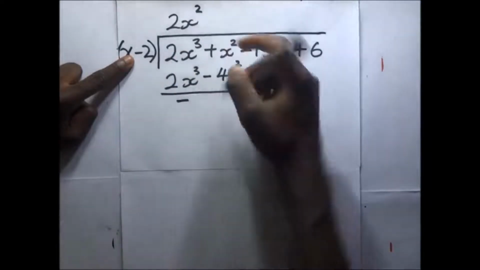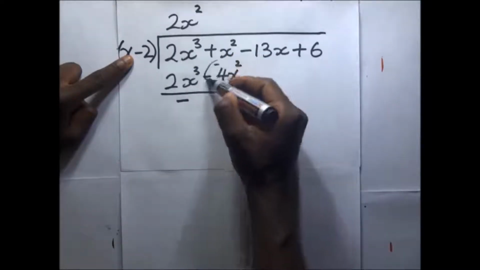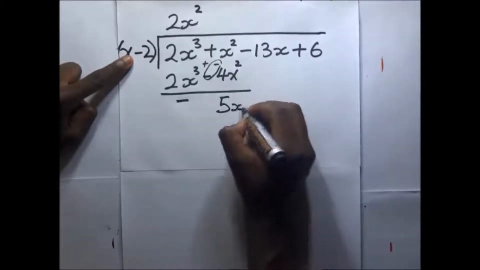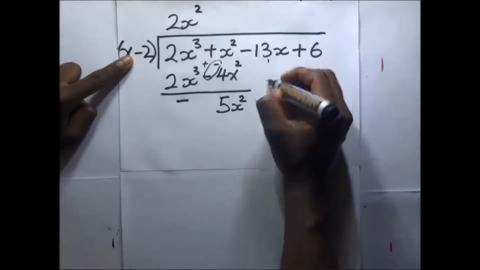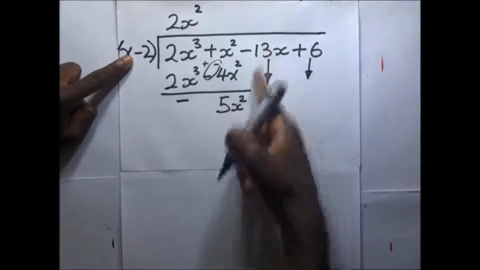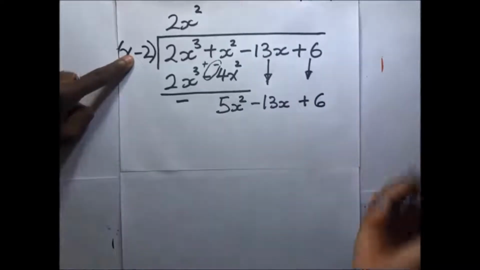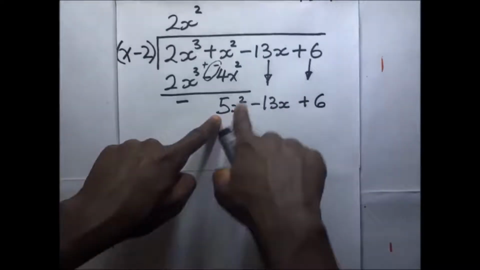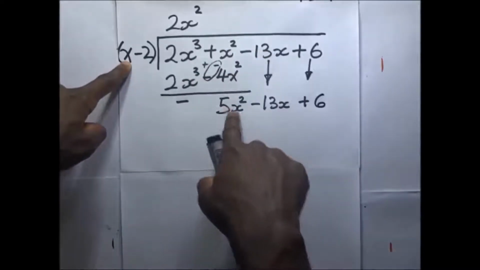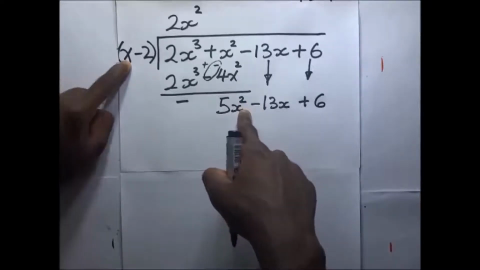The x squared minus negative 4x squared, this will become a positive. So this plus that is going to give us 5x squared. Then we pull these other terms down. Here we have minus 13x plus 6. We continue. 5x squared, divide that by x, you'll end up with 5x.